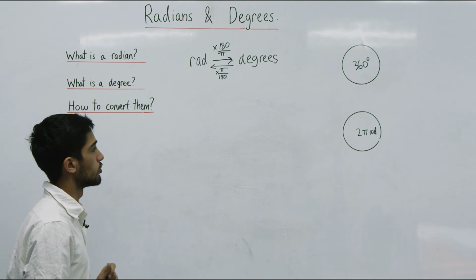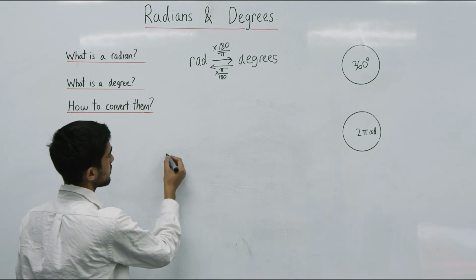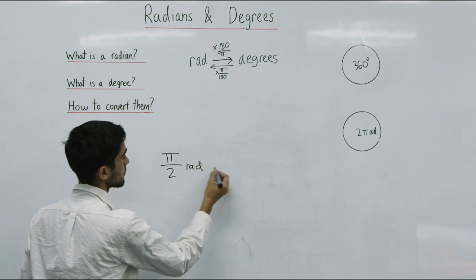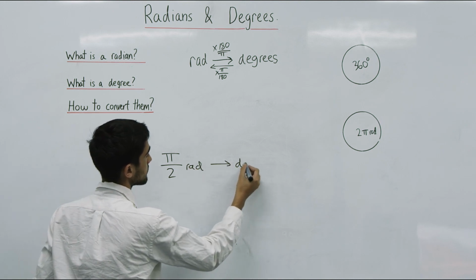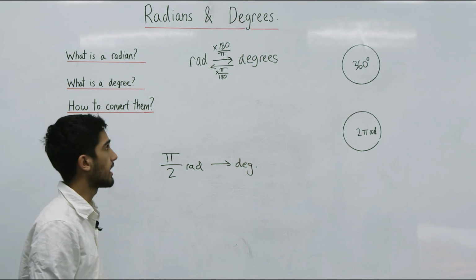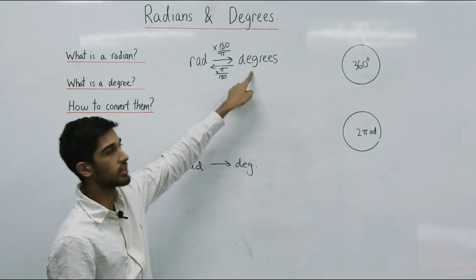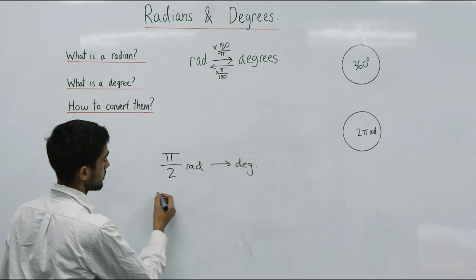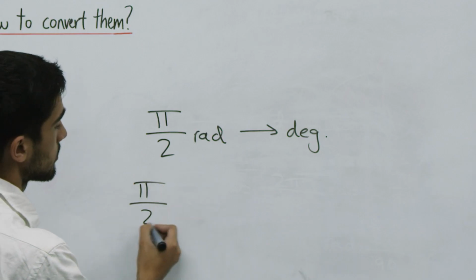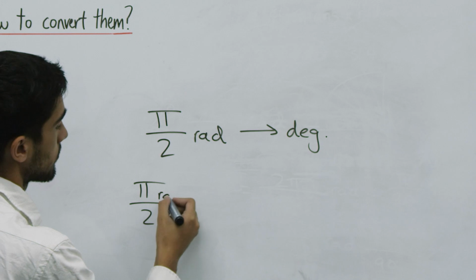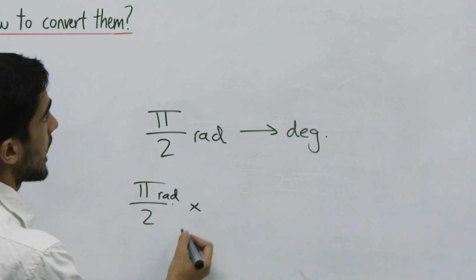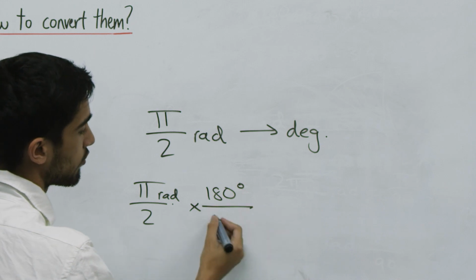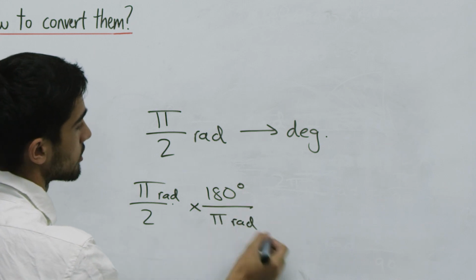So we can do an easy example. If we were to convert pi over 2 radians into degrees, the way we would do that is radians to degrees, you multiply by 180 divided by pi. So pi over 2 radians multiplied by 180 degrees over pi radians, right?